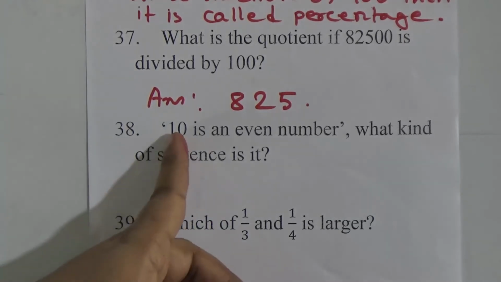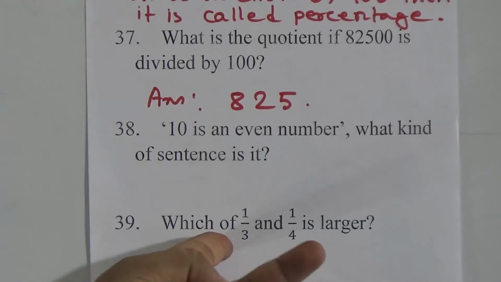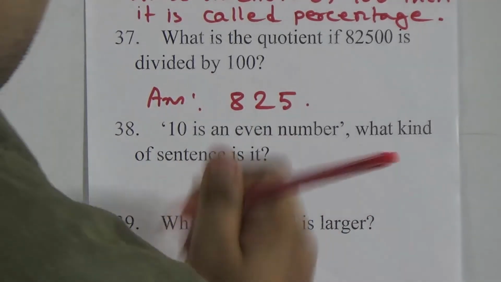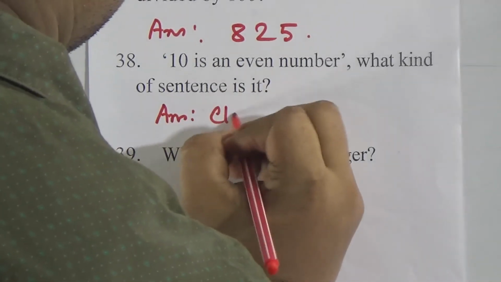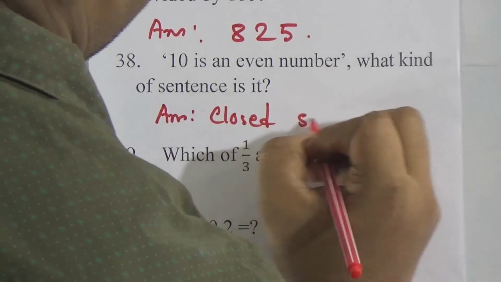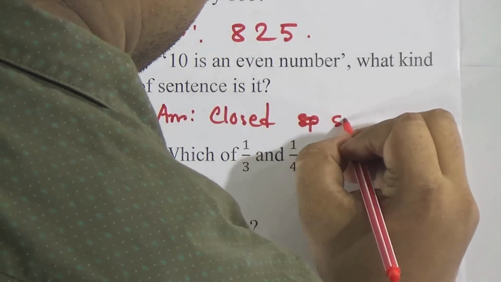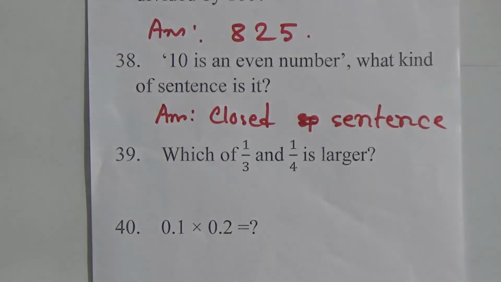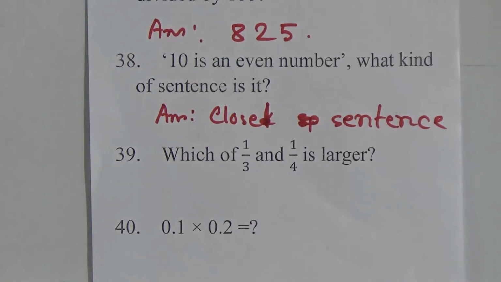So here, 10 is an even number is a closed sentence. Before closed sentence, it is a mathematical sentence first. So here we write closed sentence.